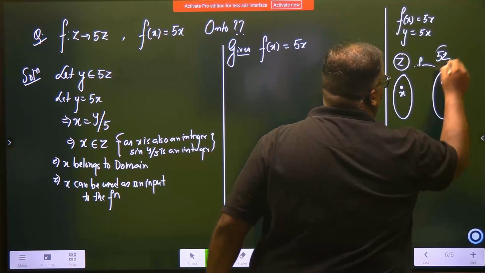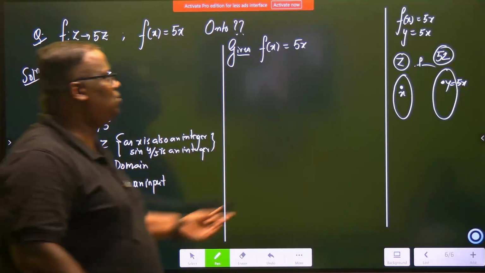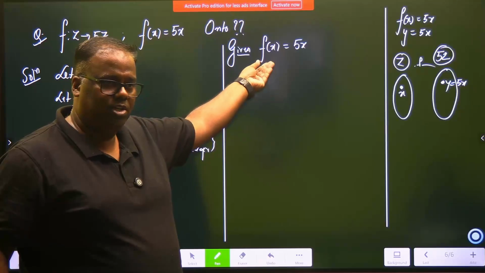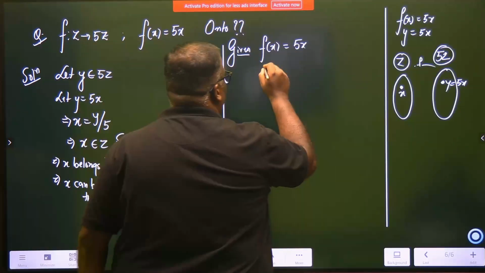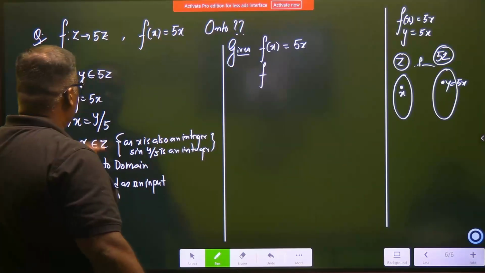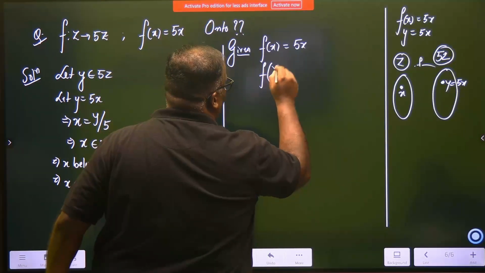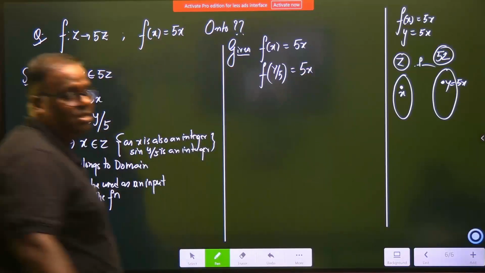From Z to 5Z. You found an x which belongs to Z. So that value can be pushed into this function, right? So I can write, instead of x, f of y by 5 is equal to 5x. Can I not write this?